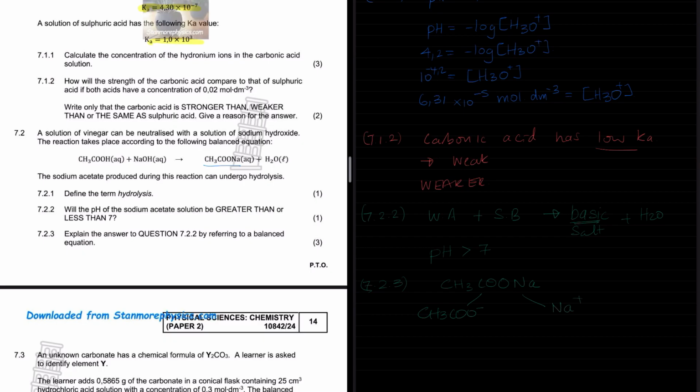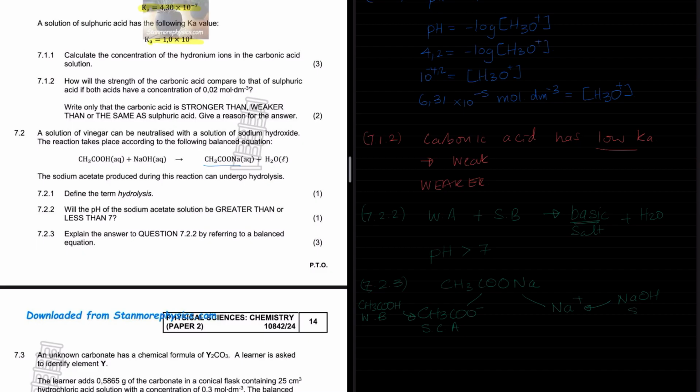Next, we evaluate the ions in terms of where they came from. So CH3COO minus came from CH3COOH. Now Na plus came from NaOH.